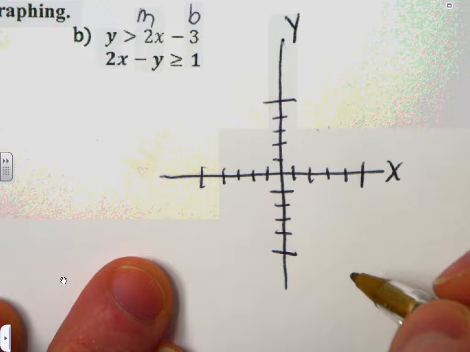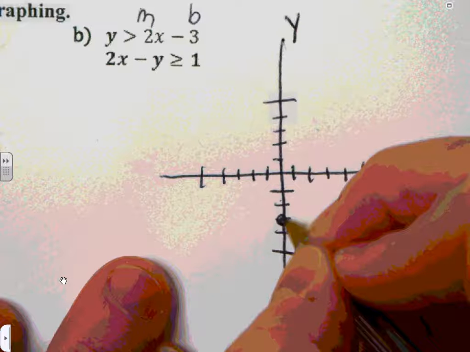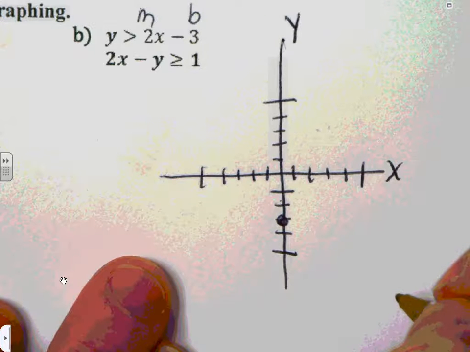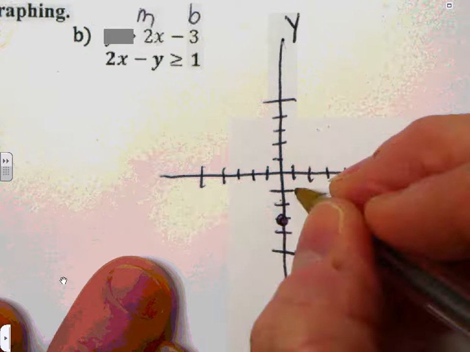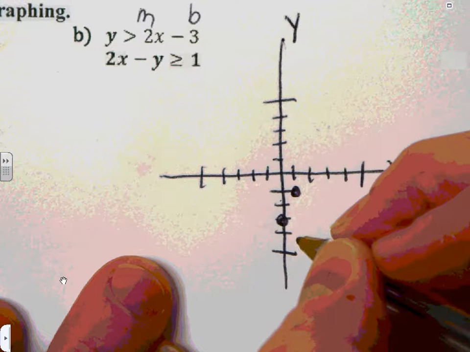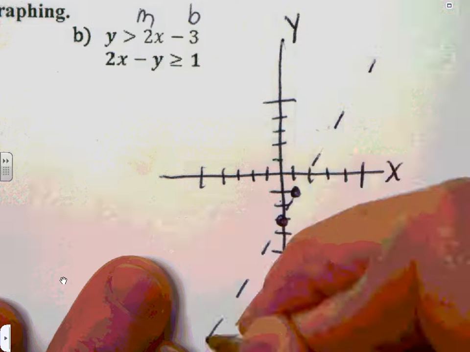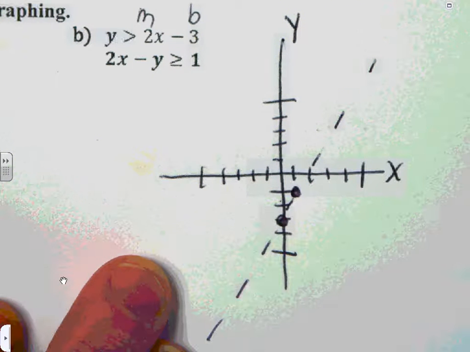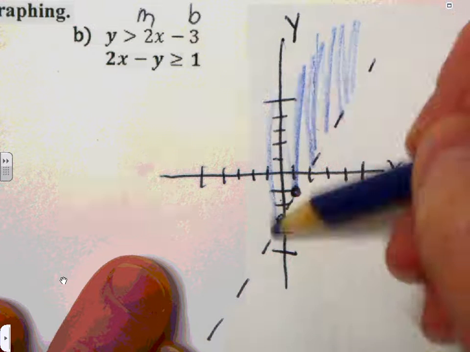So on the top line, I'm beginning at -3. And the slope was +2, so I go up 2 spaces and to the right 1. It's a dotted line. Which way will this one be shaded? Above. So everything up in here needs to be shaded in.